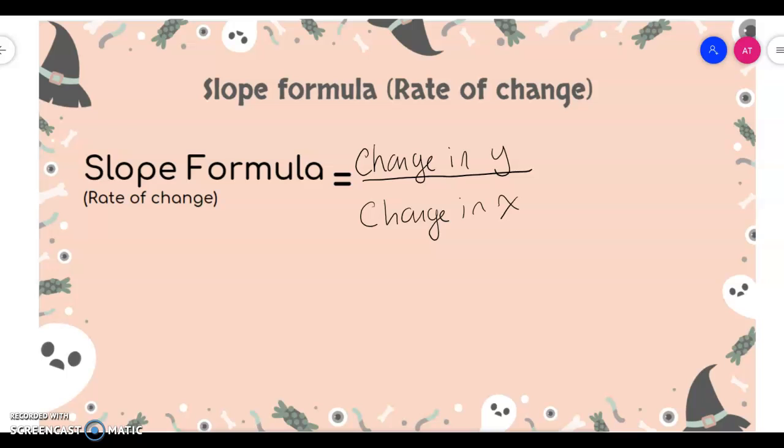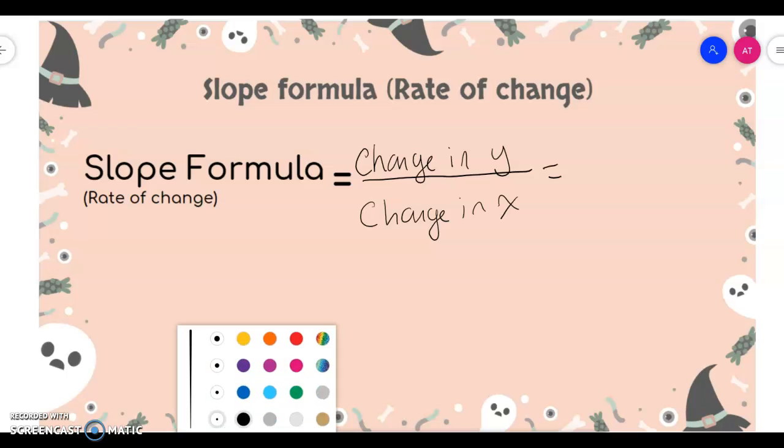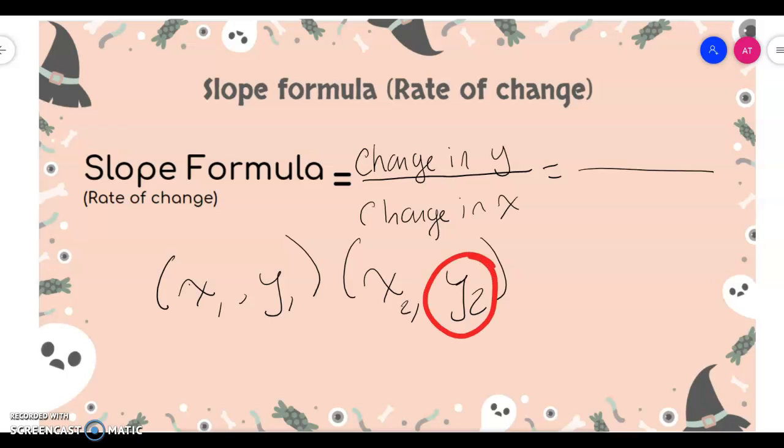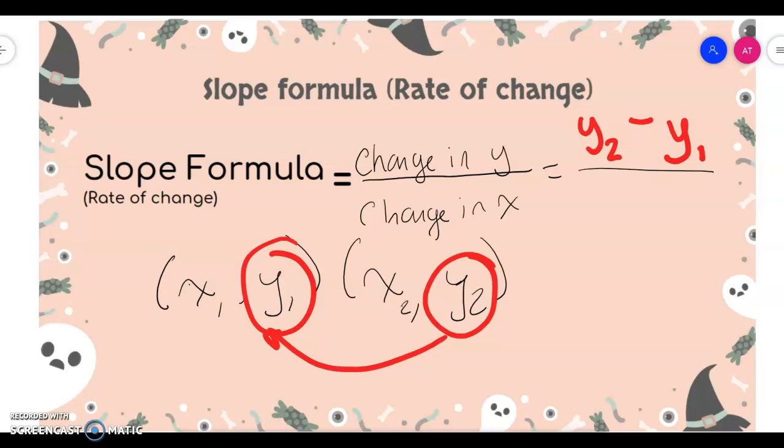Based on what we had before, remember we had x1, y1, x2, y2. We're going to take the change in y, so y2 minus y1. The reason is that we need to figure out the difference, the change from the first y to the second y.